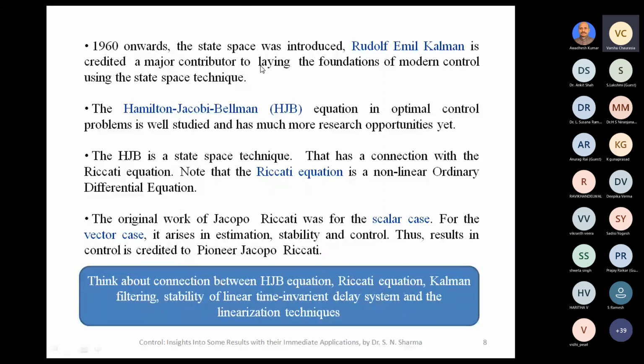What I wanted to say is the demarcation line: 1960, before and after. What were the techniques? Transfer function before; later, state space technique, and state space as well as transfer function both. So these are from first principle. Now people are doing machine learning and data driven control.